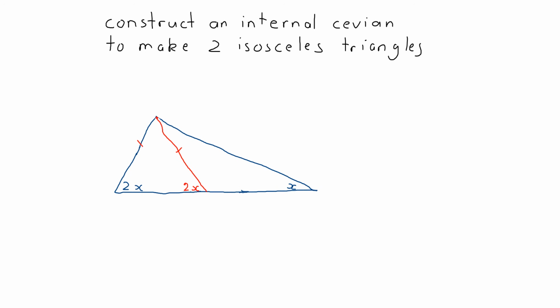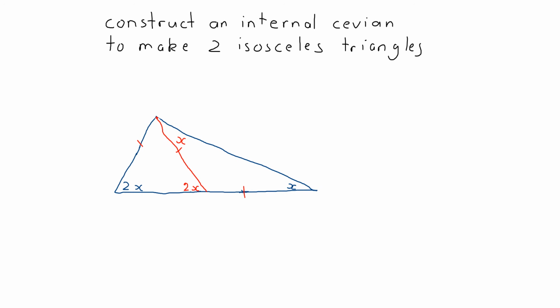So we can label this on as x, and you can see I've got x and x. Oh look, this is also isosceles. So what's so special about these 2x and x triangles is instead of just getting one isosceles triangle when we construct our cevian, we actually get 2.